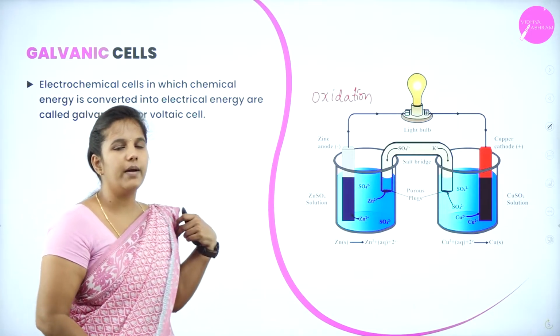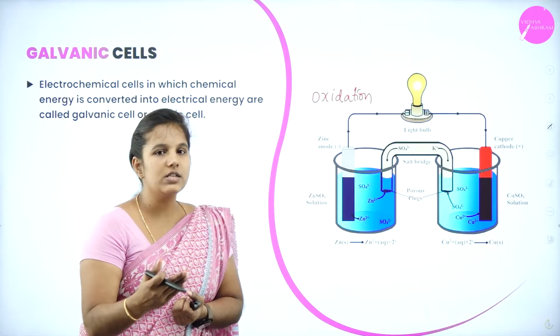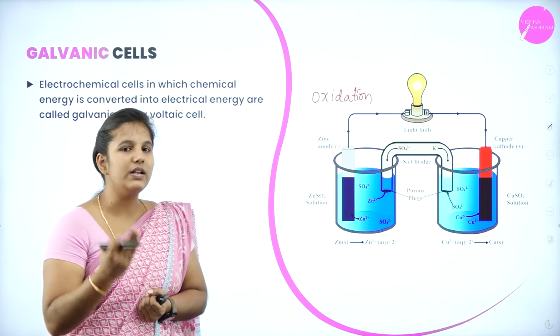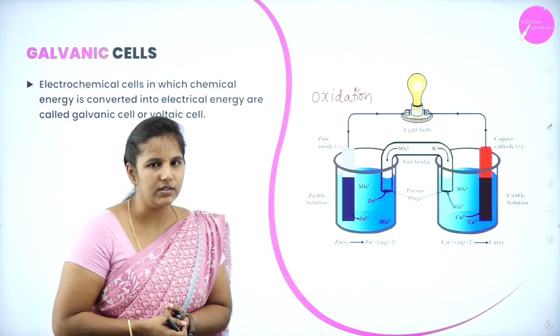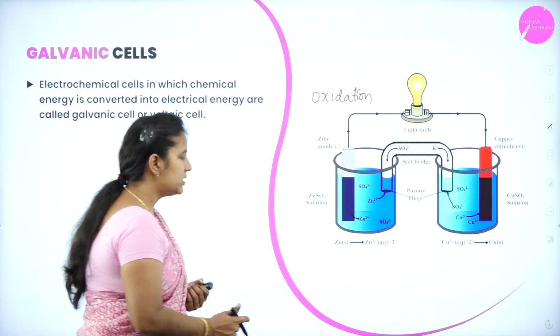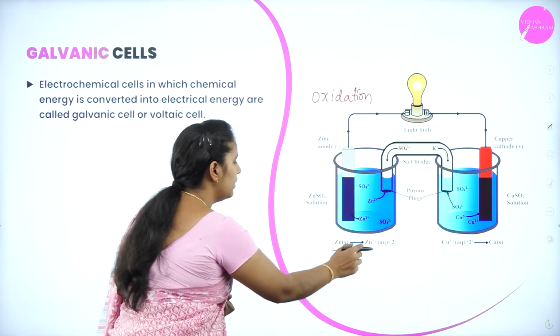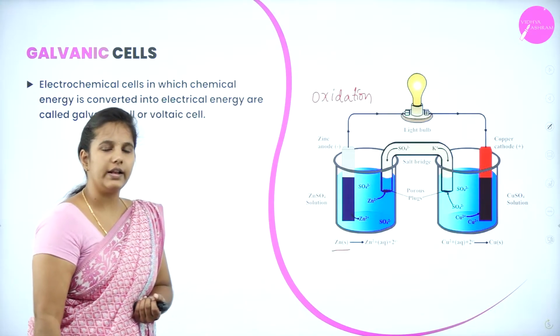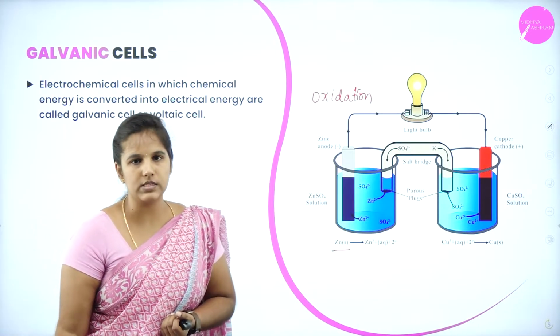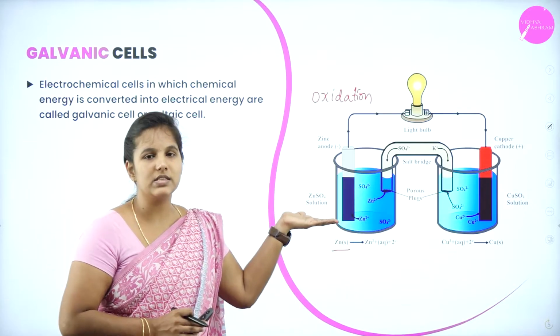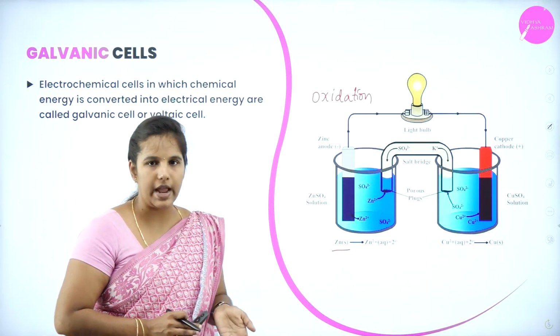Then what is meant by oxidation? Oxidation is a reaction in which electrons are removed from the element. For example, the zinc electrode will lose its 2 electrons and become Zn2+. Here the loss of electrons takes place, hence it is named an oxidation reaction.